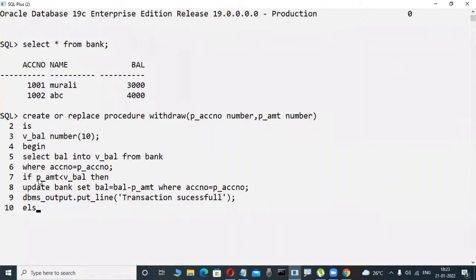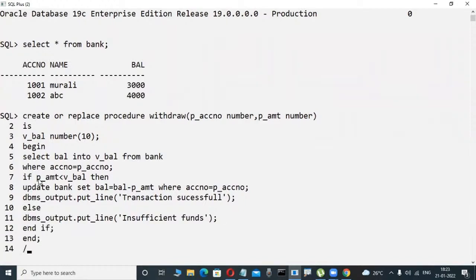Else, simple coding. Now check it out here: insufficient funds. Else insufficient funds. Okay, some coding is there. This is not a difficult coding, take it easy.